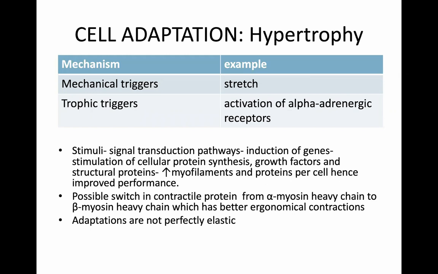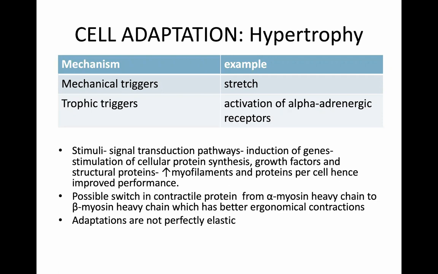Now, these stimuli turn on signal transduction pathways that lead to the induction of a number of genes, which in turn stimulate synthesis of numerous cellular proteins, including growth factors and structural proteins.